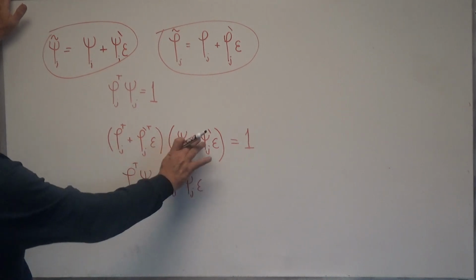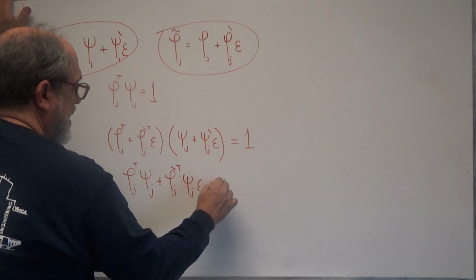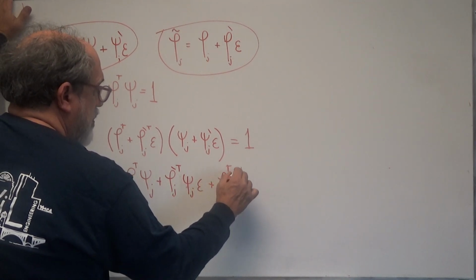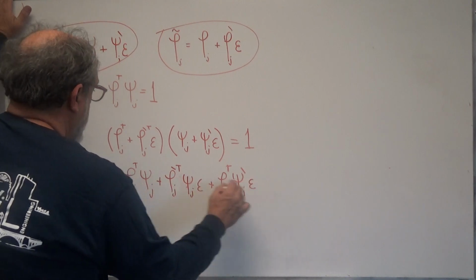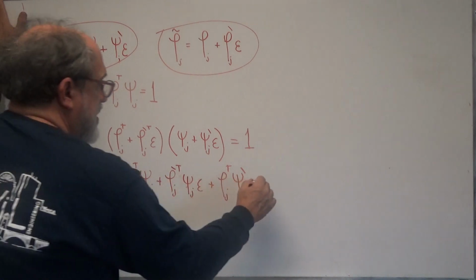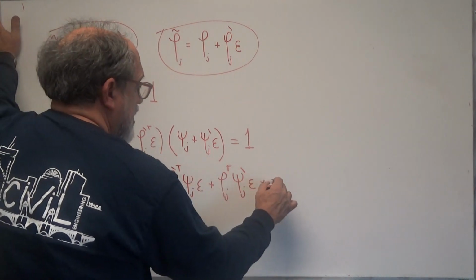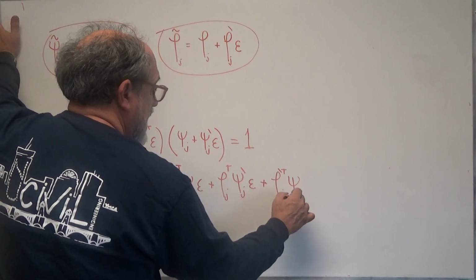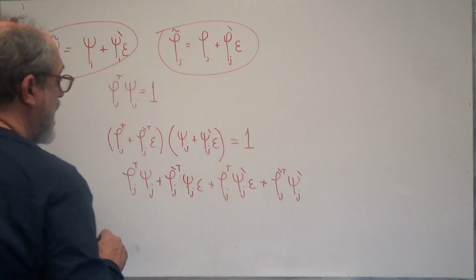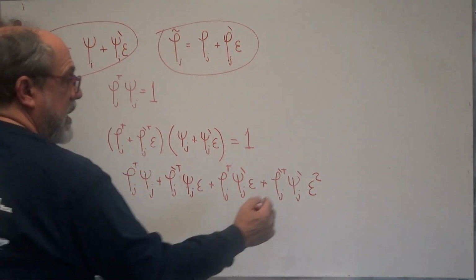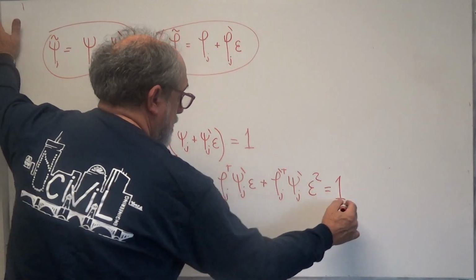And now we want to do the second one, so plus phi j transpose phi j prime times epsilon, this one times this one, plus phi j prime transpose times phi j prime times epsilon squared equal to 1, right?